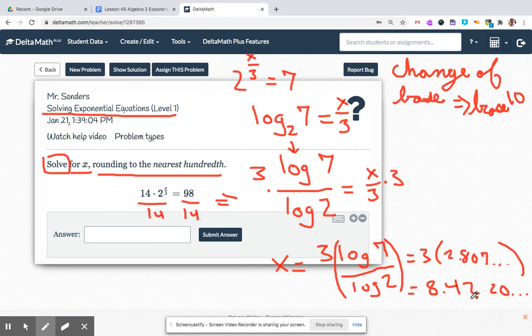So here's tenths. Hundredths is this one. I looked right there. So this is approximately equal to 8.42. All right. So we got a new tool here, change of base. That's what I needed to get through it. 8.42.